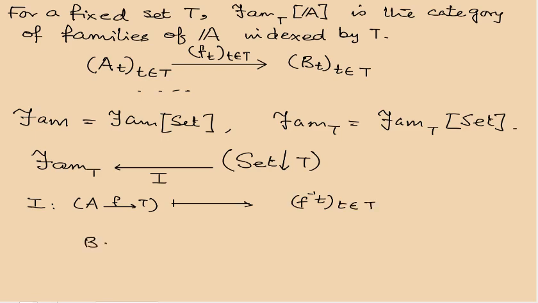And this object goes to G, and this morphism goes to u_t.